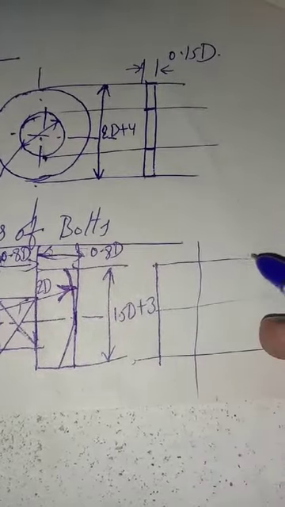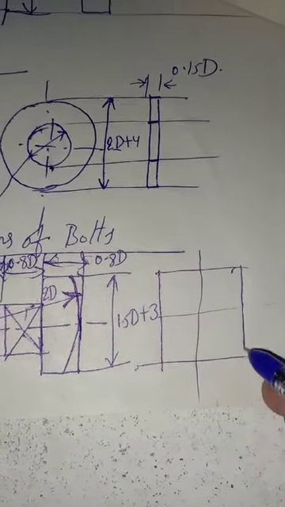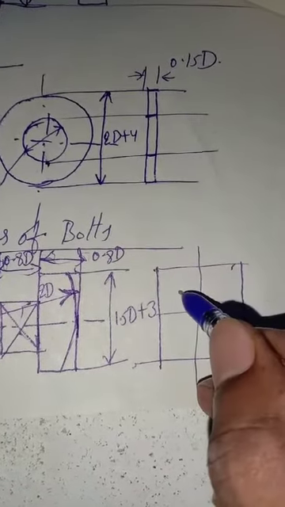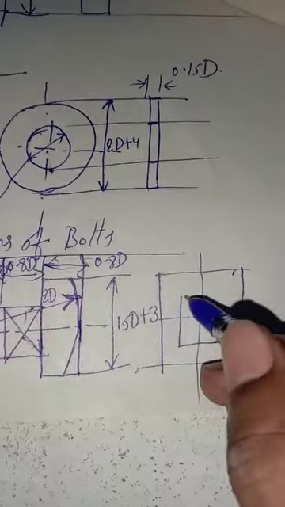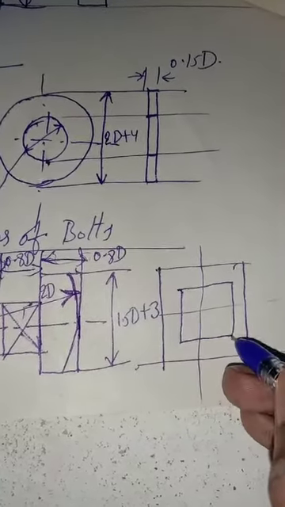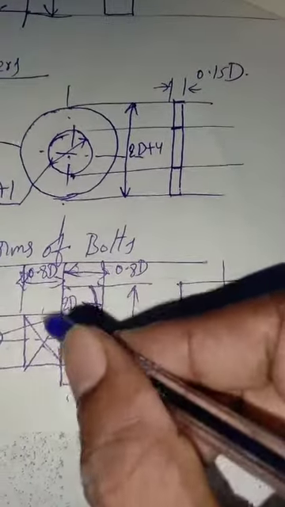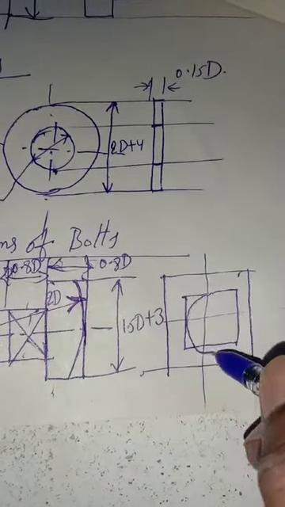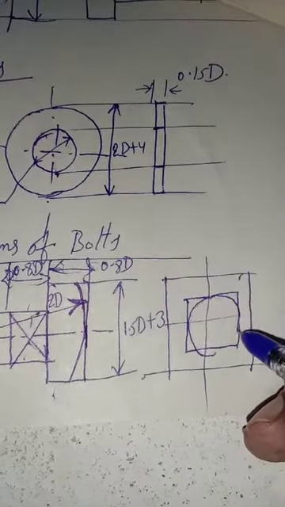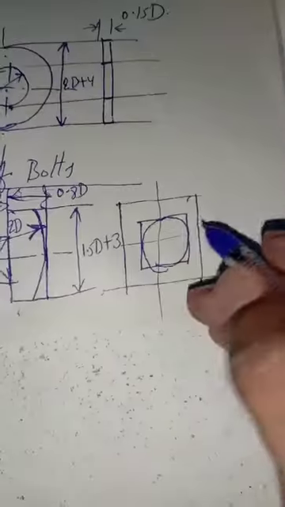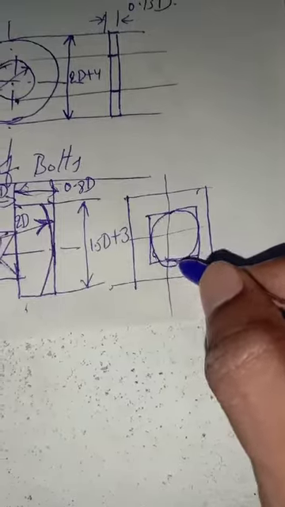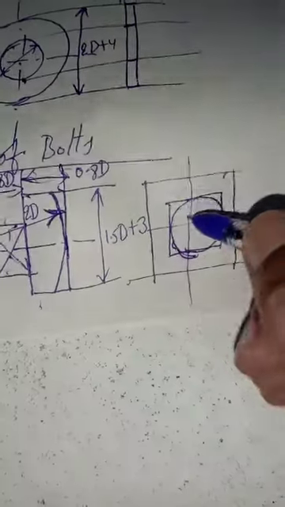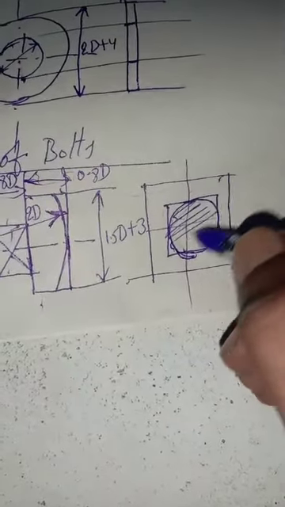Okay, so now we are going to see here the projections of this. Now this is the square, and then again one square. This is one square, and this is one square, and circular. See, this circle diameter I'm going to draw here like this. Okay, it will look like an inside view.